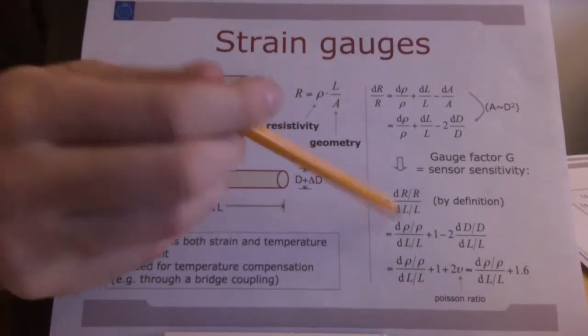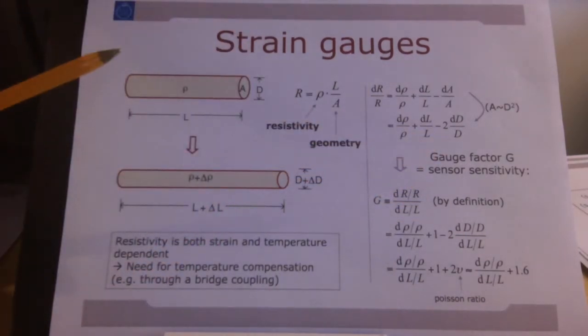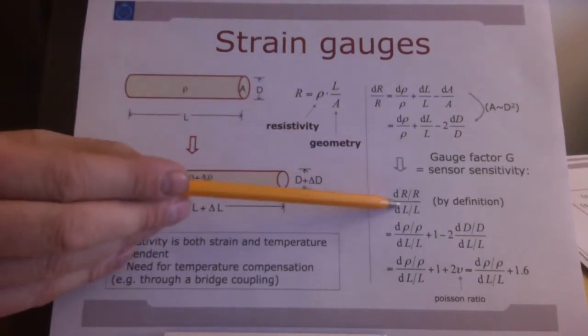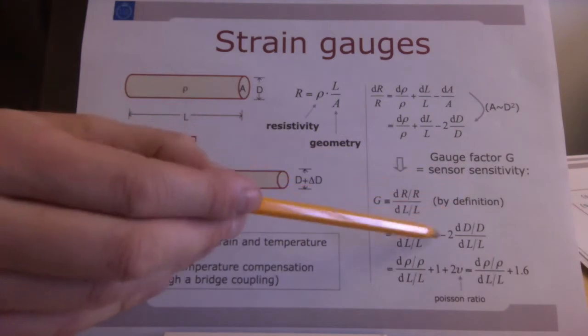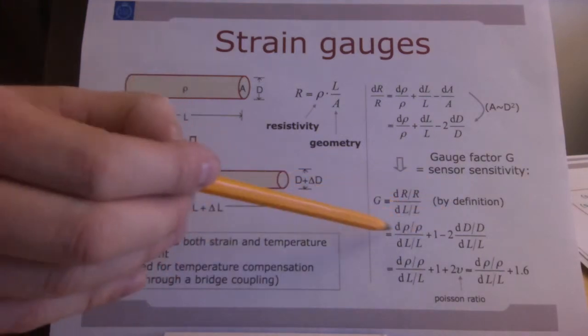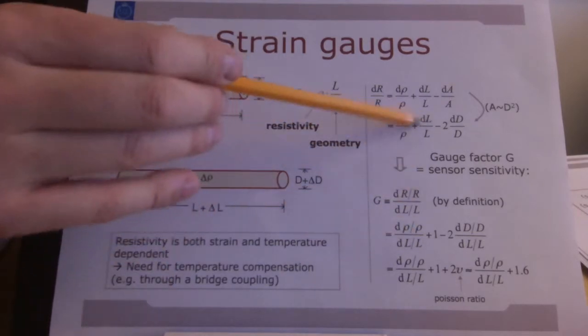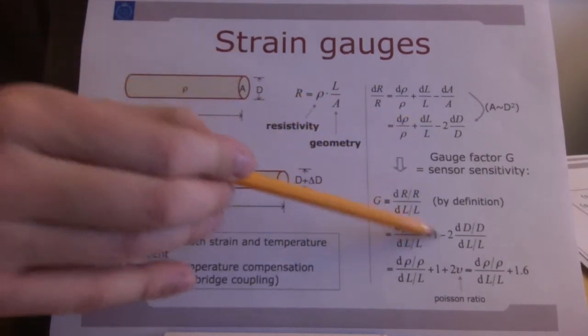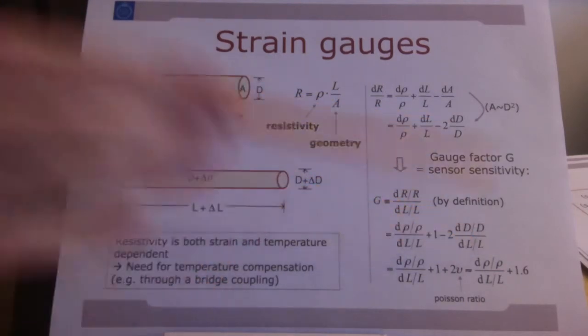And so we have a general formula for the gauge factor. Now if we work that out, you see delta R over R divided by delta L over L equals delta rho over rho divided by delta L over L, plus delta L over L divided by delta L over L, which gives you 1, minus 2 times delta D over D over delta L over L.